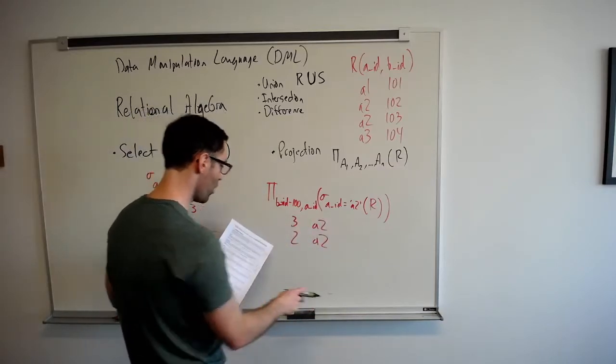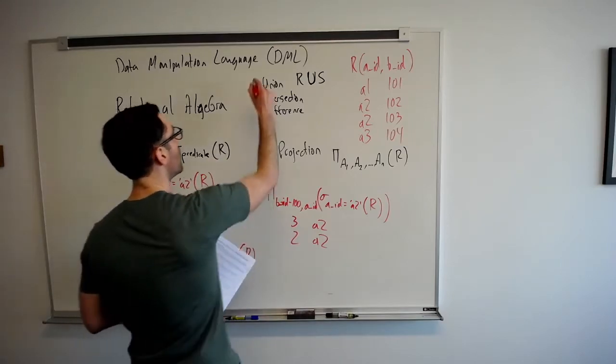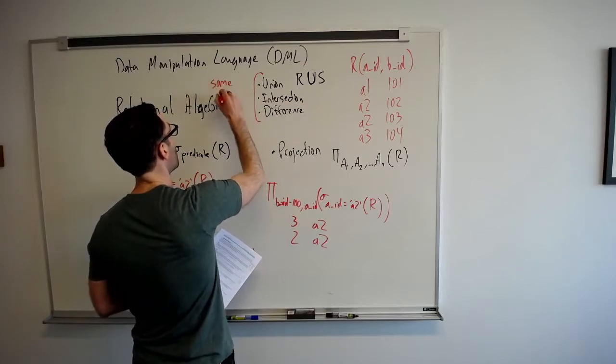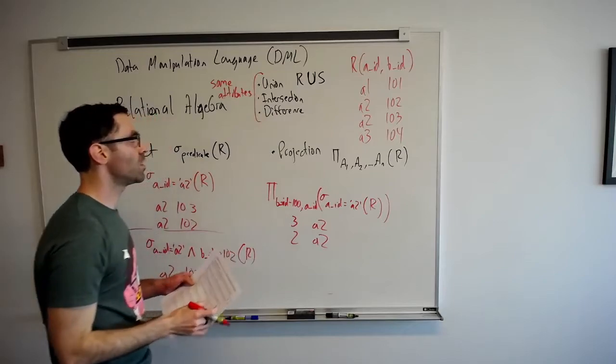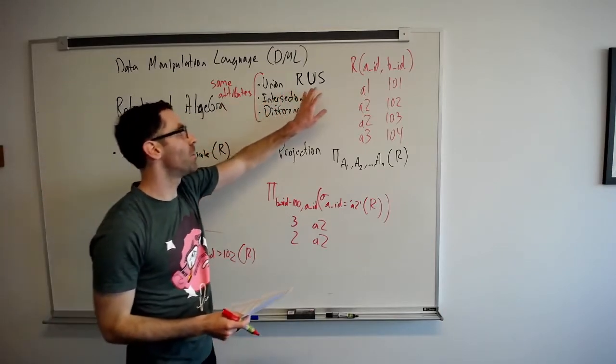However, for all of these, they require that the two relations involved have exactly the same attributes.